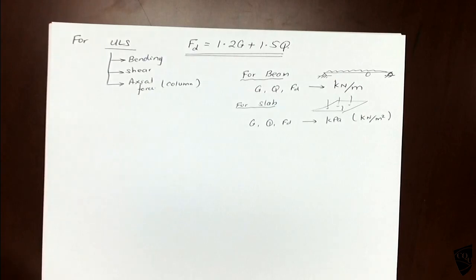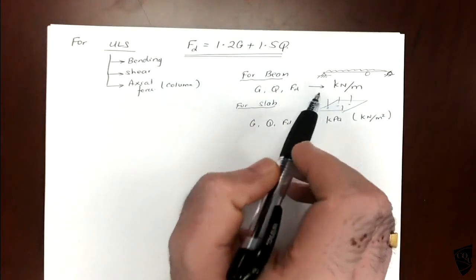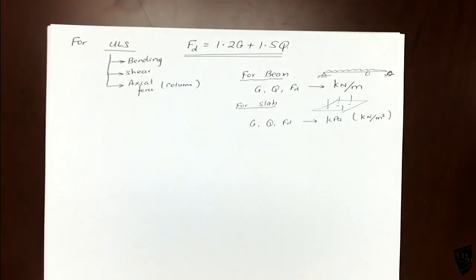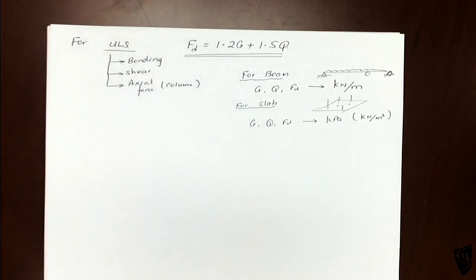Okay, so we will work this out shortly. If you know the FD, to check the bending, shear and axial force design, what we need is the bending moment diagram.